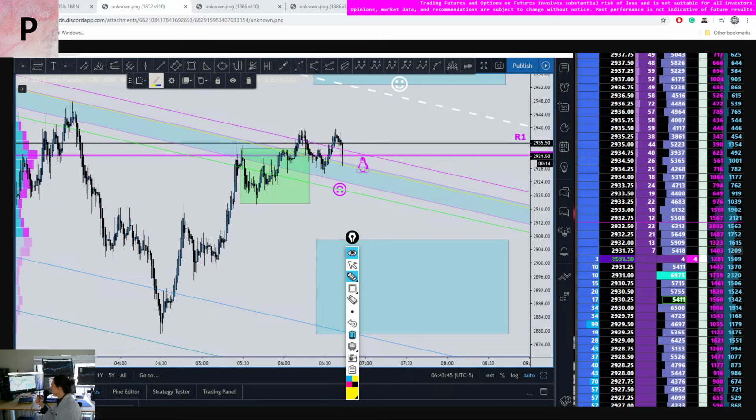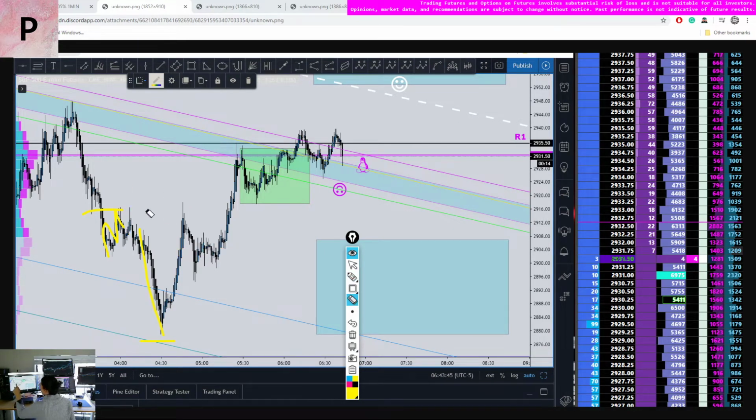Now, something you should take note of is that I also have proof of this support acting as resistance right there. You can see we come down into it, we trade some value, we dump down, it straight away gets bid up, we find that exact resistance, and print some more value.